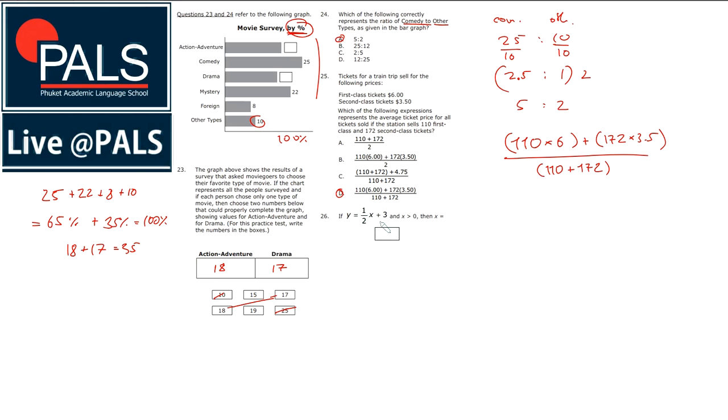If y is equal to a half x plus 3 and x is greater than 0, then x is equal to. Check something here for this question.